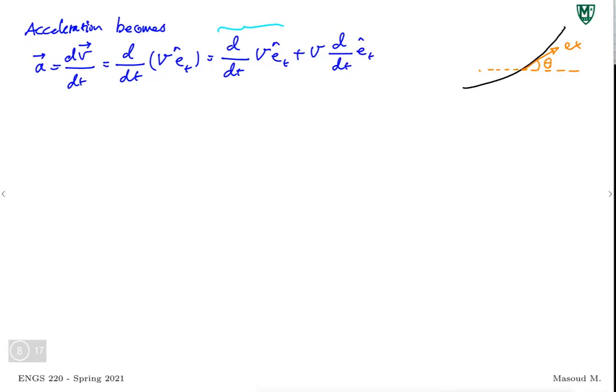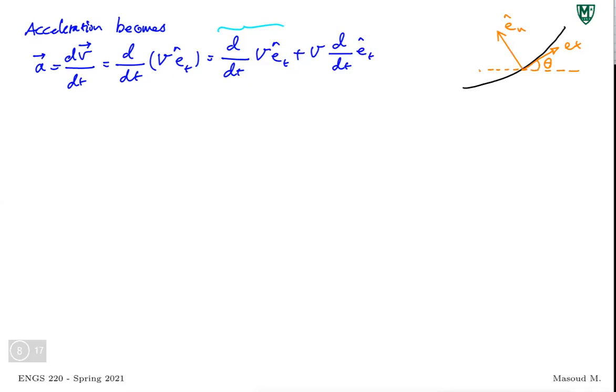So this is a tangent-normal coordinate system. I introduced the normal part being in this direction. So this is en.